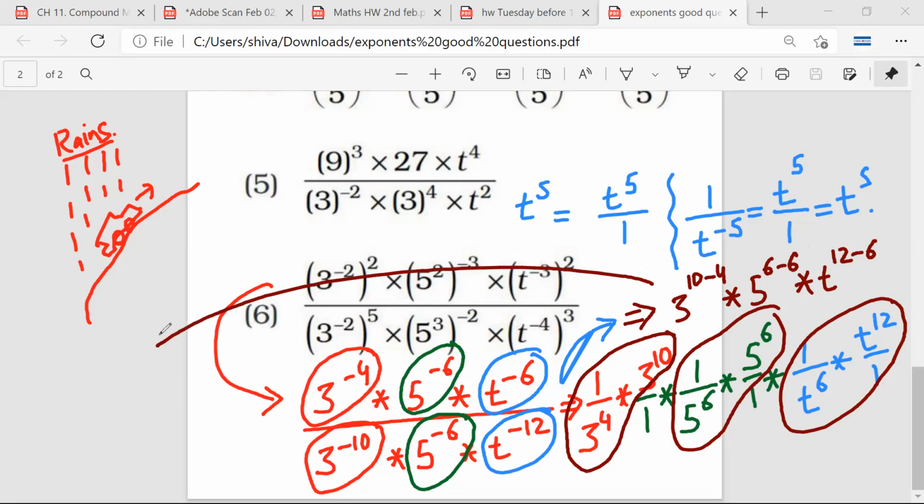And finally, I'll write this as 3 raised to power 6 into 5 raised to power 0 into t raised to power 6, that is 3 raised to power 6 into t raised to power 6. Is it okay? Yes, it can also be simplified further to 3 raised to power 6 into t raised to power 6.